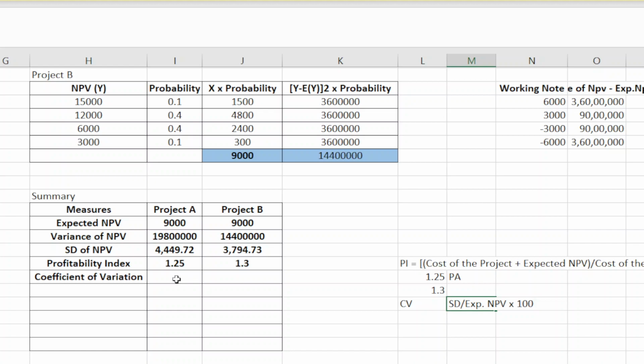Let's calculate it for project A: open the bracket, the standard deviation is 4,449, divided by expected NPV 9,000, close the bracket, into 100.